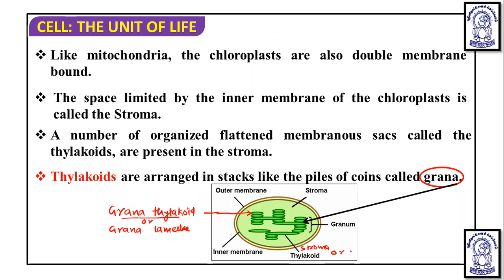And this stroma thylakoid can also be called stroma lamella. So if somebody asks what lamellae actually means, lamellae is a term for the thylakoid, and we can see here that two types of thylakoid are seen. One is grana thylakoid, which are in a granum or a stack-like arrangement, whereas two grana are connected by the stroma thylakoid or a stroma lamella.